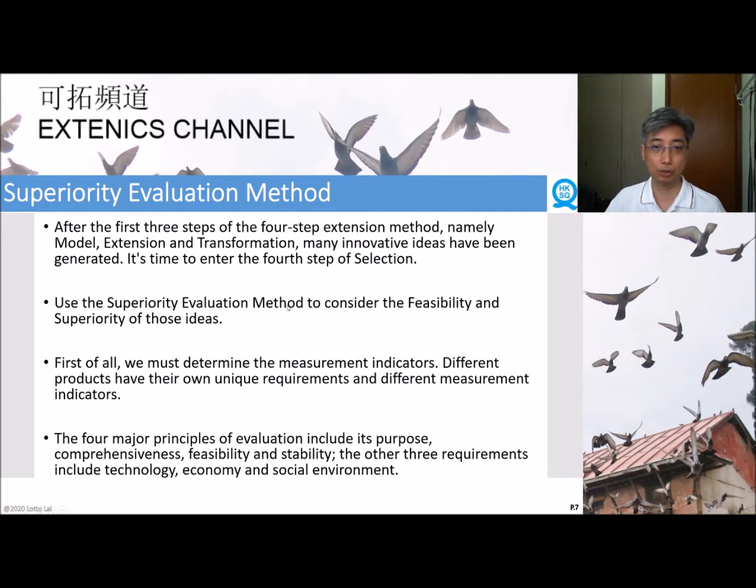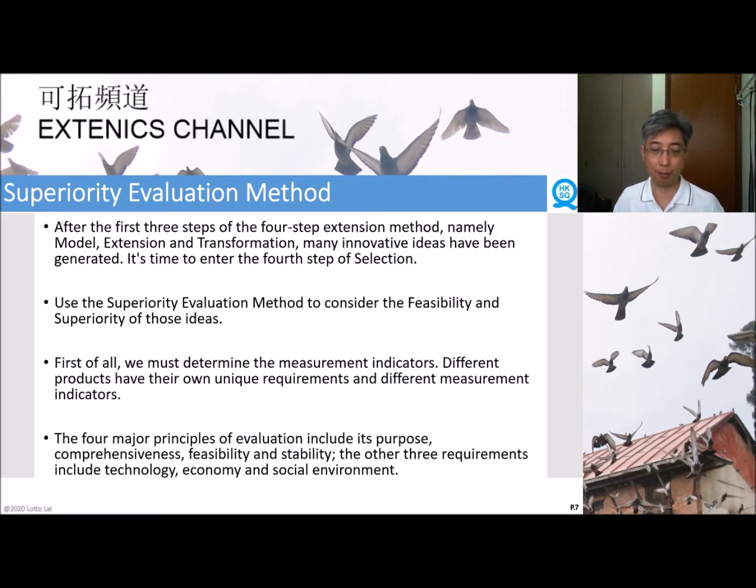Use the superiority evaluation method to consider the feasibility and superiority of those ideas. First of all, we must determine the measurement indicators. Different products have their own unique requirements, and different measurement indicators are generated.